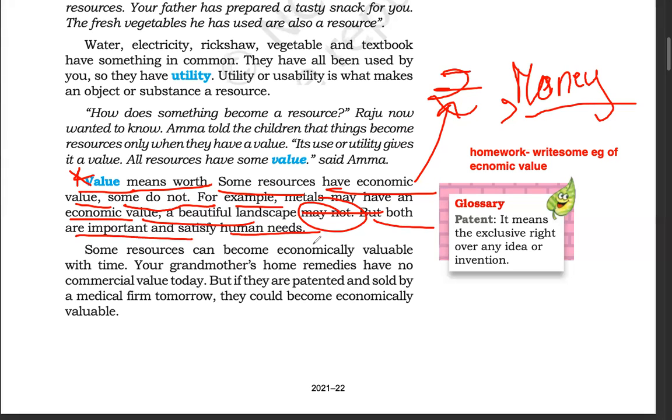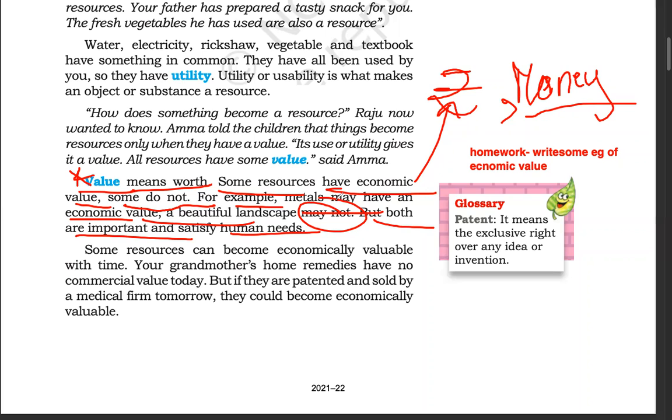But here we are specifically talking about economic value, correct? So that is why a landscape does not have economic value, but a metal sheet or anything of metal, or a pen or a laptop you are buying or a phone you are buying, has economic value.